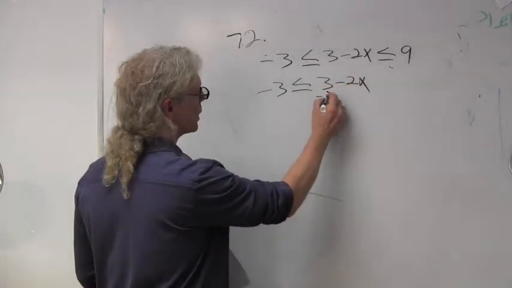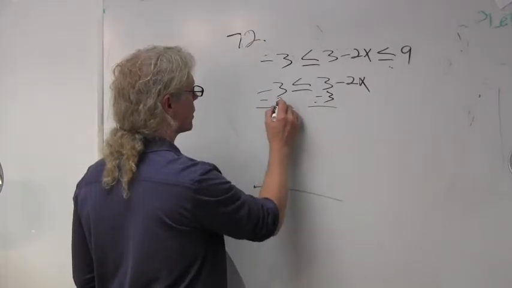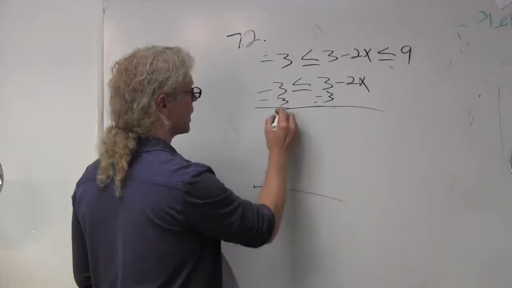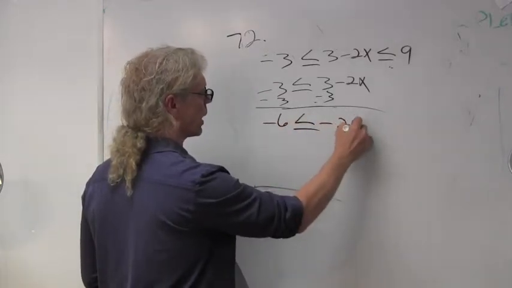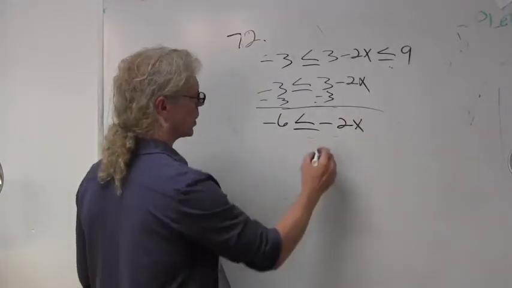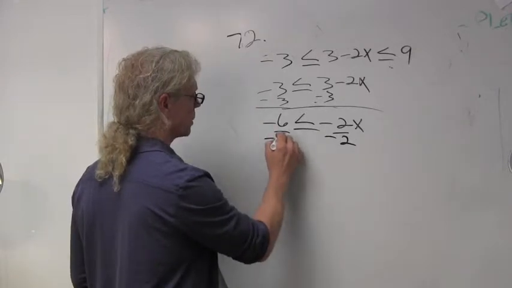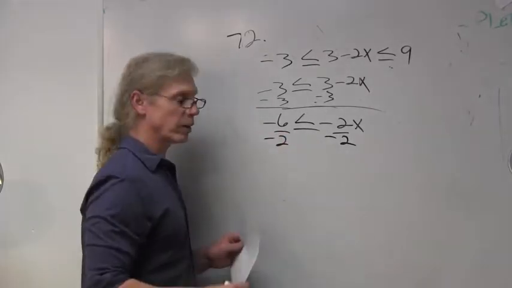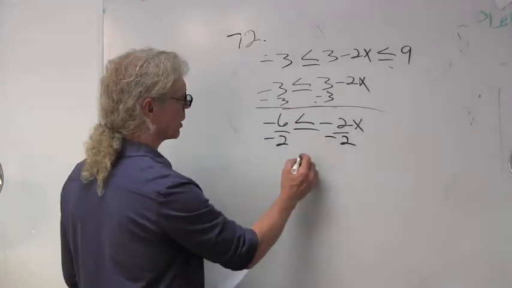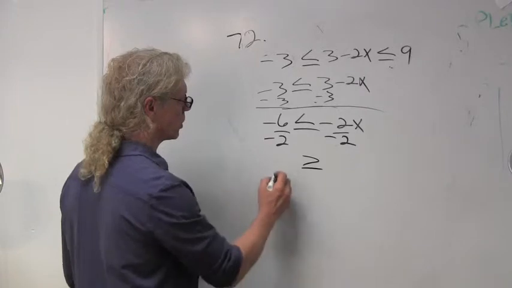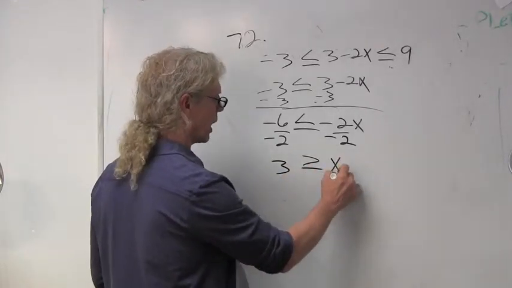We'll move the 3 from the right to the left by subtracting both sides by 3, leaving us with -6 is less than or equal to -2x. Divide both sides by -2. When you divide or multiply by a negative, flip the sign, flip the inequality. So we'll have greater than or equal to, we will have 3 is greater than or equal to x.